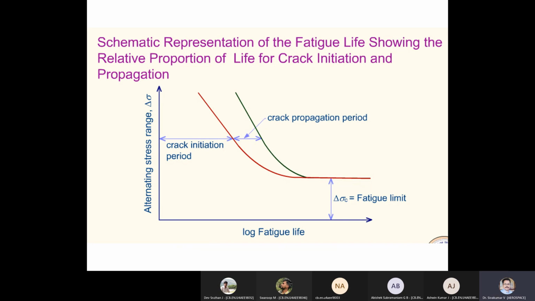Here, if you see, a schematic representation of the fatigue life showing the relative proportion of life for crack initiation and propagation. This is the SN curve. I told you about the SN curve the other day.